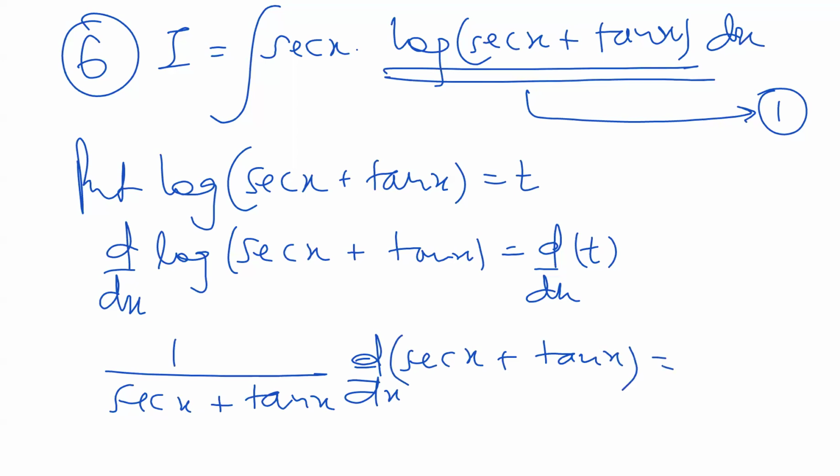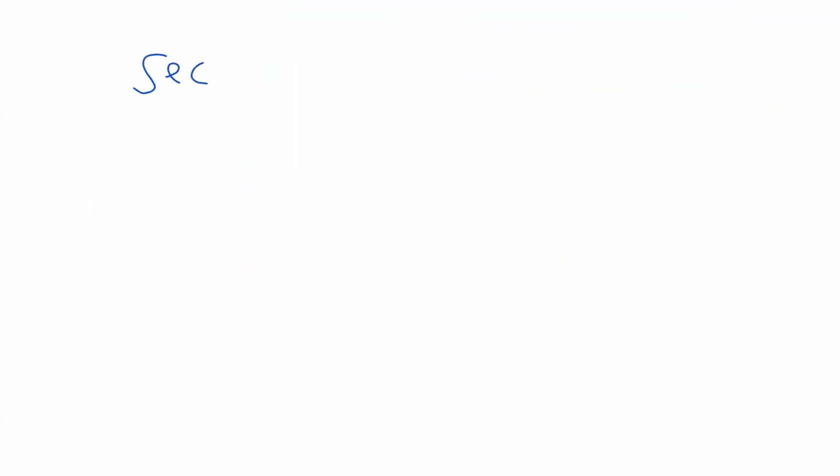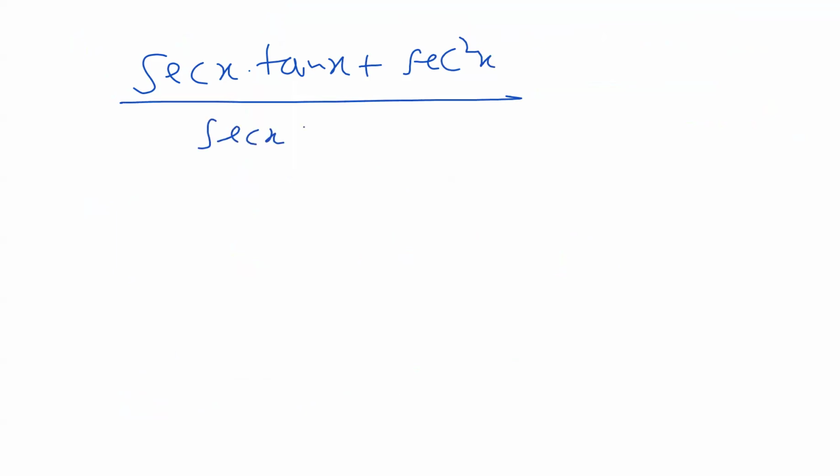Derivative of log x is 1 upon x, so derivative of log of sec x plus tan x is 1 upon sec x plus tan x into d/dx of sec x plus tan x, equal to dt by dx. So the derivative of sec x is sec x tan x and derivative of tan x is sec square x. So sec x into tan x plus sec square x upon sec x plus tan x is equal to dt by dx.